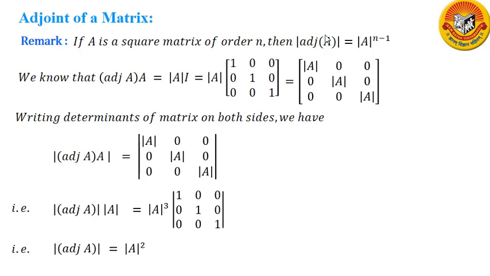So in general, if A is a square matrix of order n, then determinant of adjoint A is equal to determinant of A power n minus 1. You can use principle of mathematical induction also to prove this. Here we have taken one example where order is 3 and we got that determinant of adjoint A is equal to determinant of A power 2.